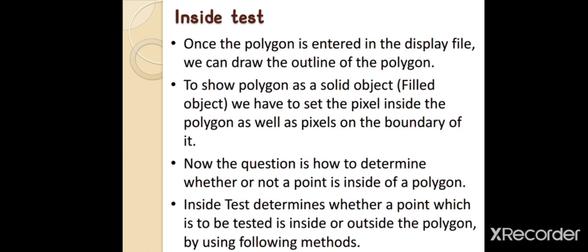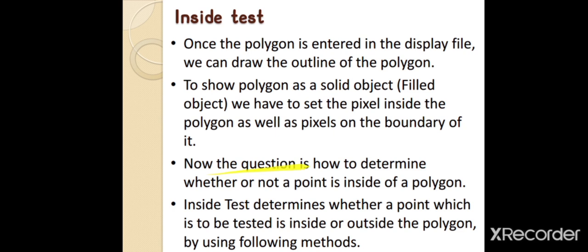So first, the inside test. Once the polygon is entered in the display file, we can draw the outline of the polygon. To show the polygon as a solid object, meaning a filled object, we have to set the pixels inside the polygon as well as the pixels on the boundary. But those which are outside the boundary, we cannot consider part of this polygon.